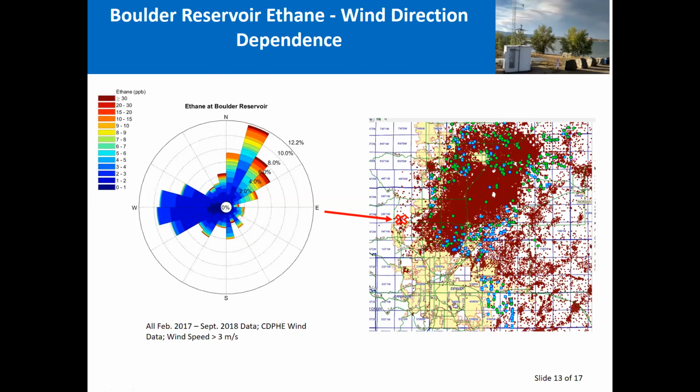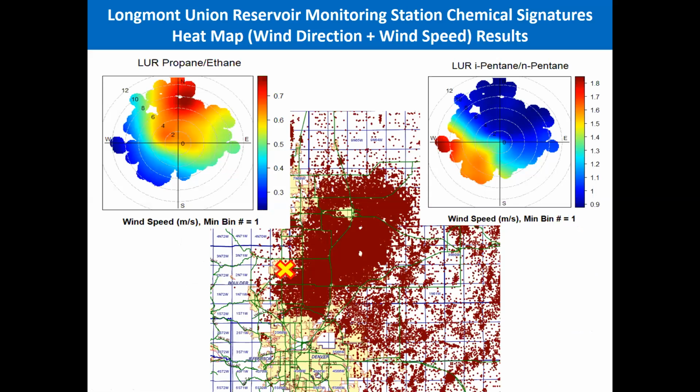And then we can take this further and further. We take measurements every minute, and you combine thousands of these measurements to get these heat maps, where you imagine yourself in the middle of this map. This is where the site is, and this data is from Longmont. And you can see here these signatures. These are ratios of VOCs.